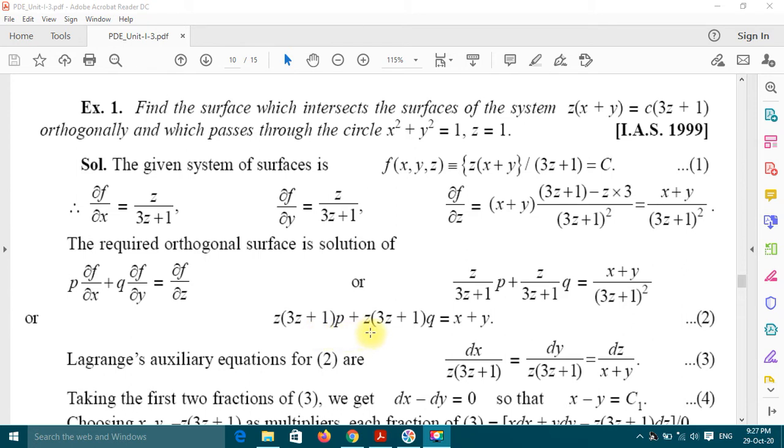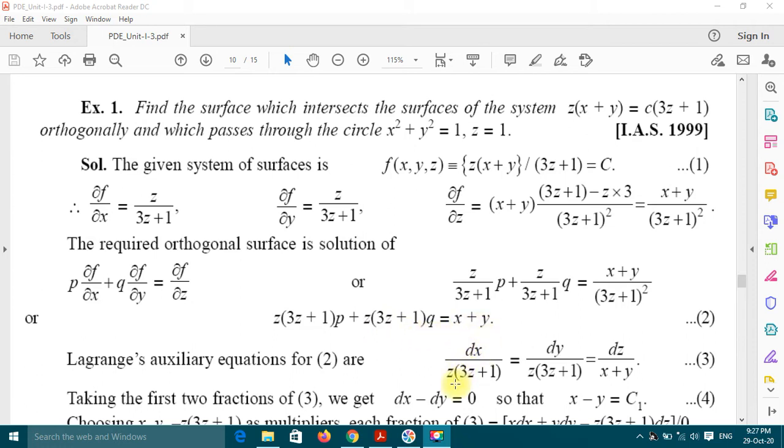Now the Lagrange auxiliary or subsidiary equation is dx/P = dy/Q = dz/R. Here capital P is the coefficient of small p, which is z(3z + 1). Capital Q is the coefficient of small q, which is z(3z + 1), and capital R is x + y.